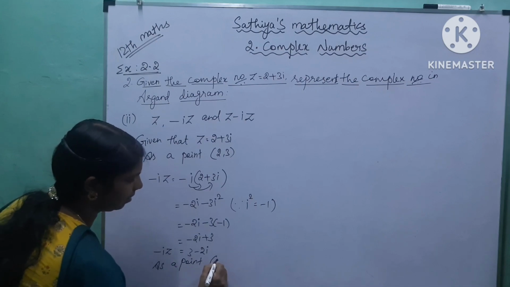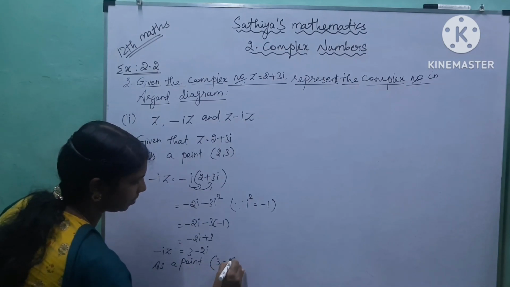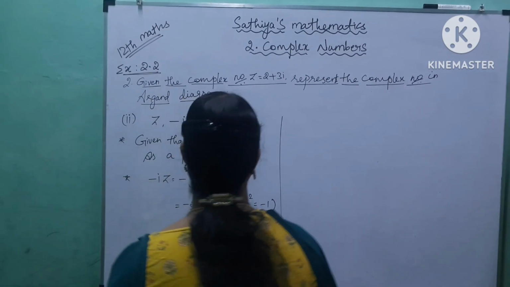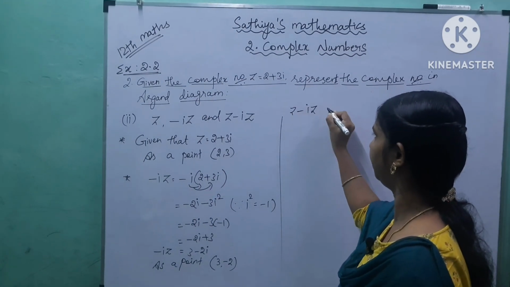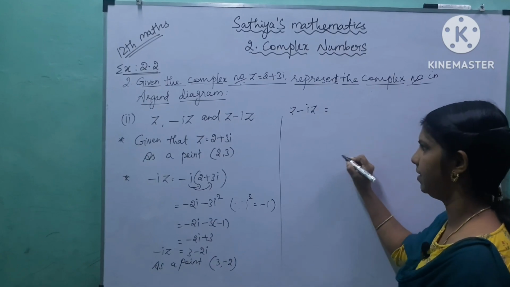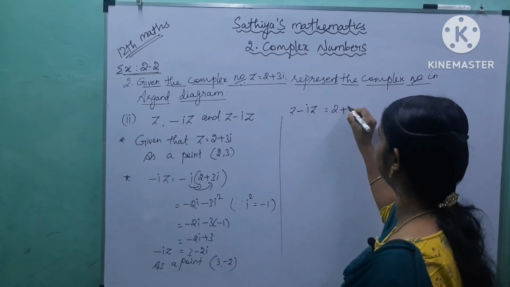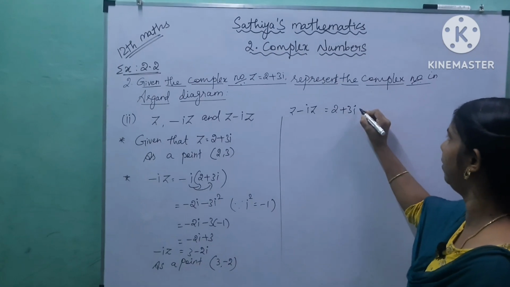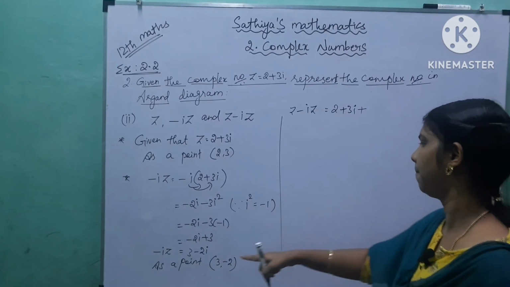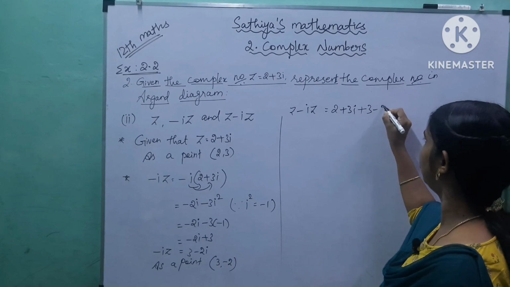how can we represent it? Real part, imaginary part. The next one, z minus iz. z minus iz is 2 plus 3i. Minus iz we have already found, so we can write this as plus 3 minus 2i.